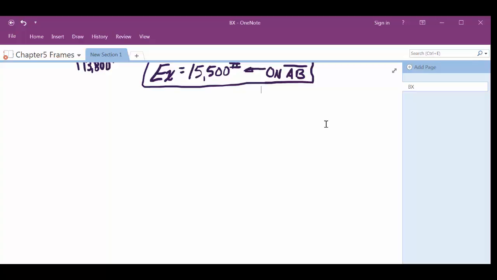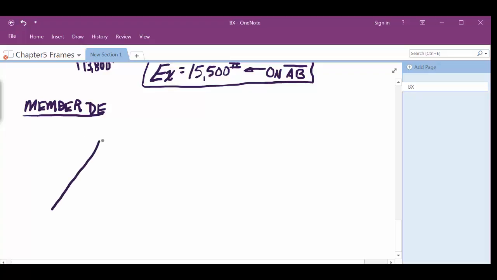No, but what you can do with ED, I'm glad you asked. So if I take member E, member DE or ED. Okay, there's that member right there. And we had here DX, which we know to be 15,500, right? Pounds. We had DY, what was it doing?